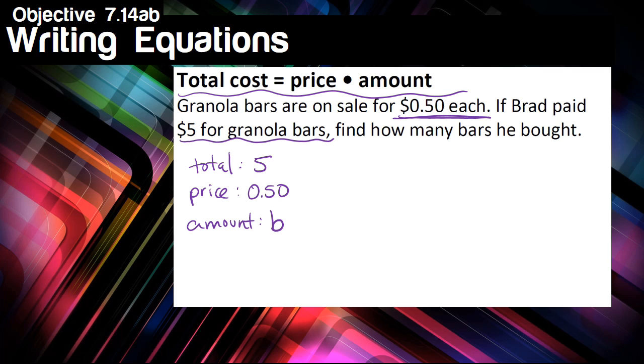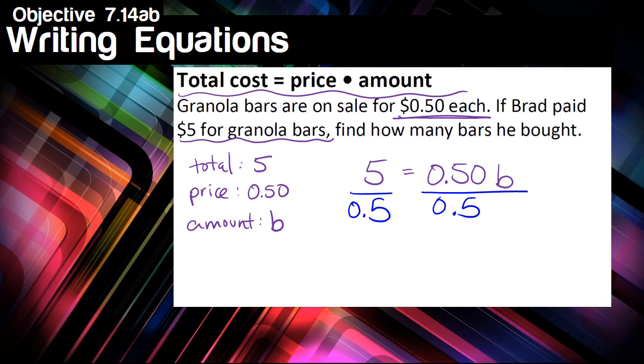So our total cost is $5, which is equal to our price of 0.50 times B. And to get B by itself, let's go ahead and divide both sides by 0.5, and we're left with, these cross out here, B is equal to 10. And so we can say that our friend Brad here, the amount of bars he bought, 10 granola bars.